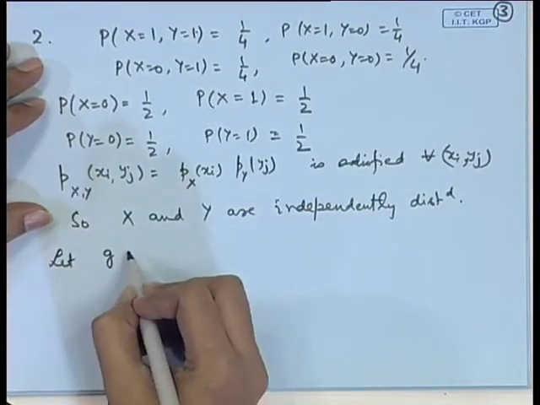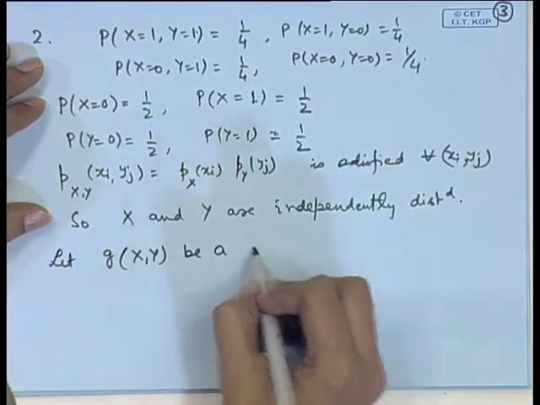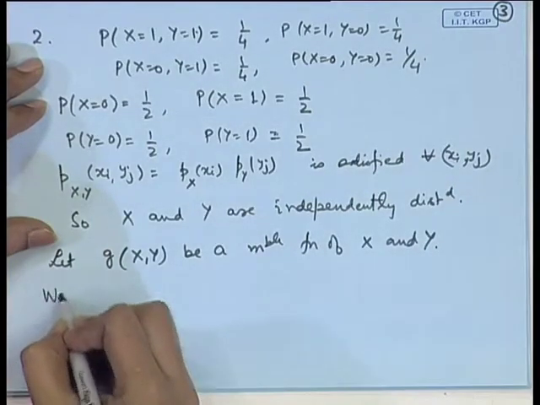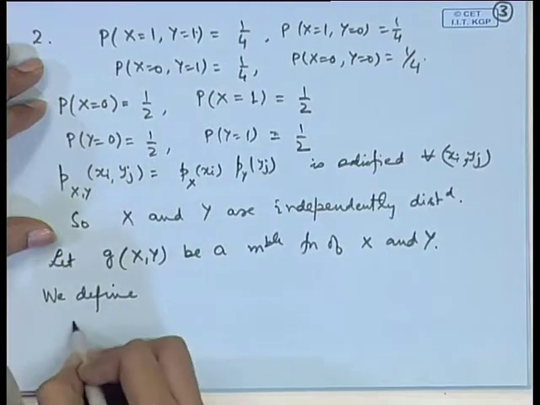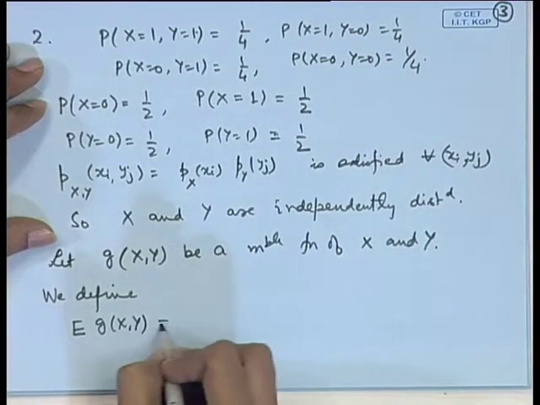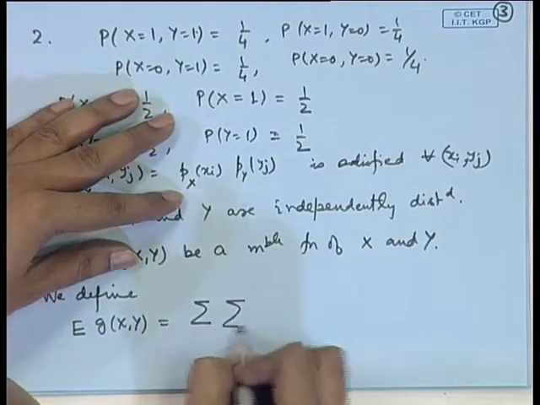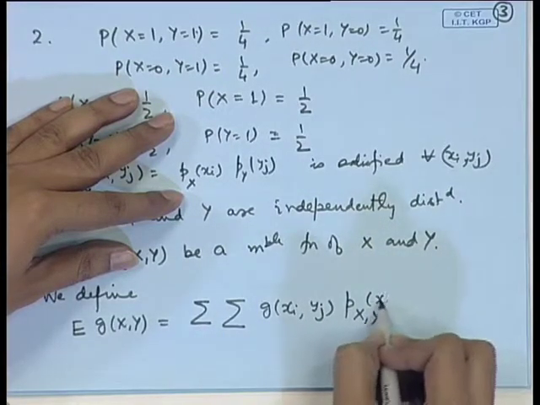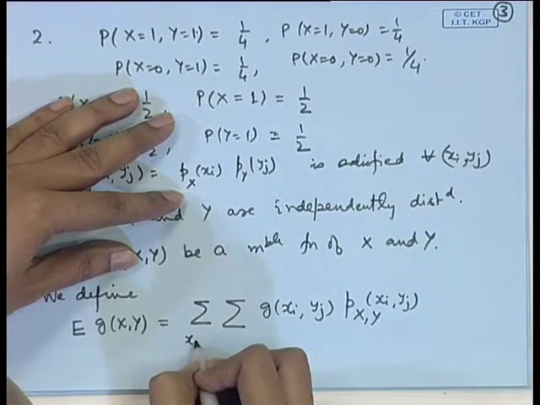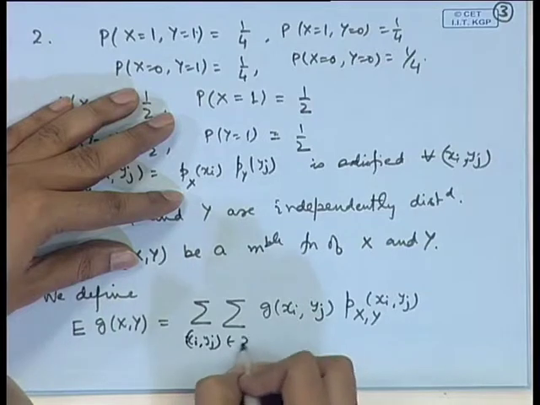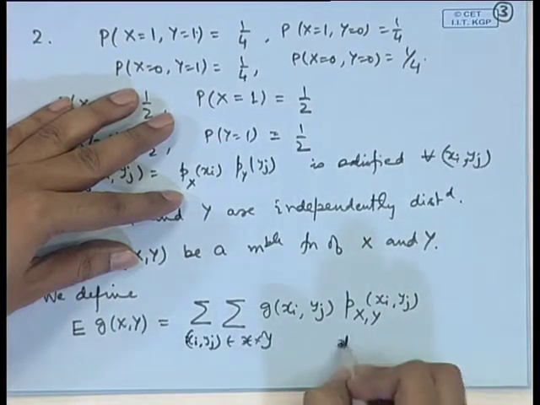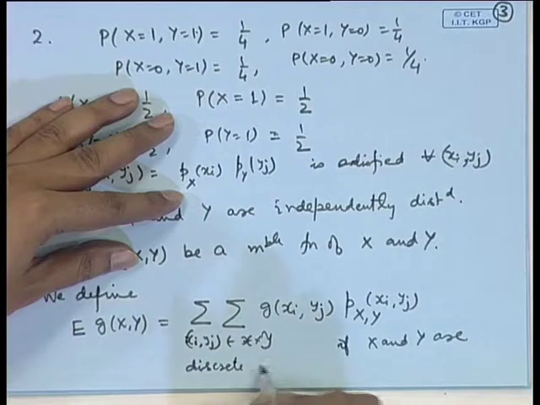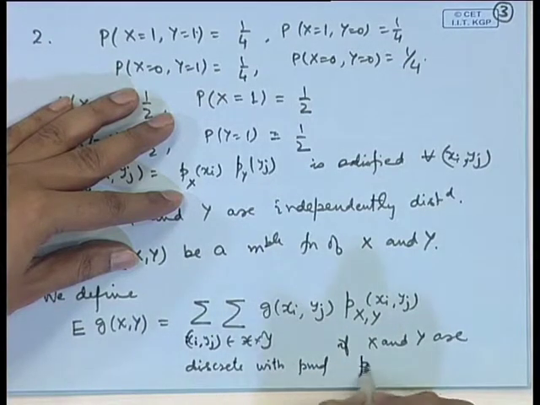So, let g(X,Y) be a measurable function of X and Y. So, we define expectation of g(X,Y), that is equal to, if X and Y are discrete, the sum of g(x_i, y_j) p_{XY}(x_i, y_j) for all x_i and y_j in the range of X cross Y. This is if X and Y are discrete with PMF p_{XY}(x_i, y_j).